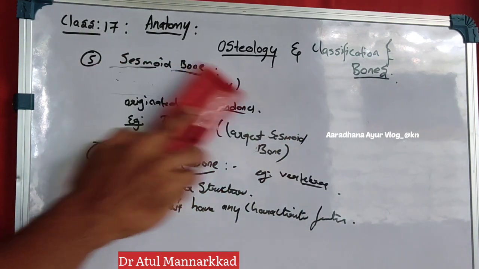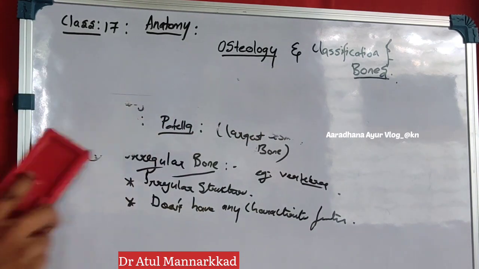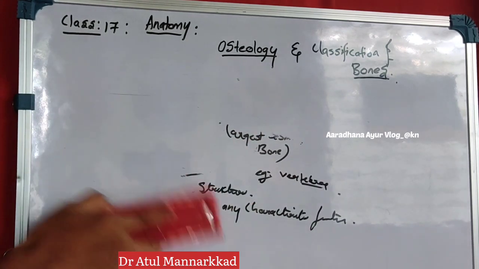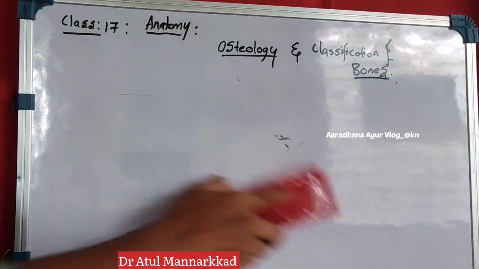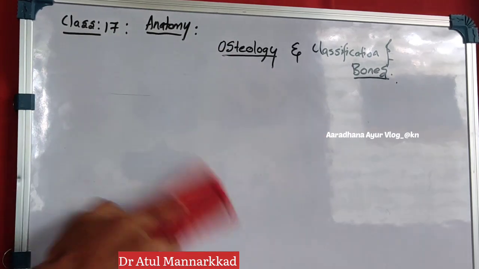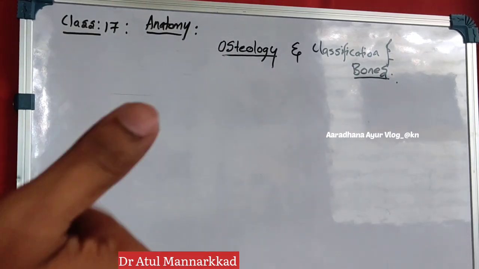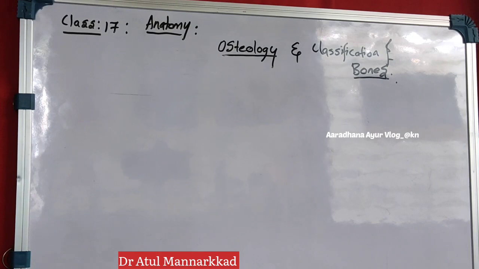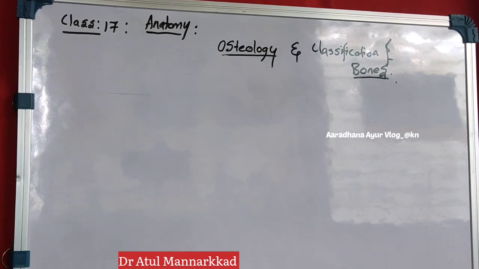So these were the classification of bones based on shape and size: long bone, short bone, flat bone, pneumatic bone, sesamoid bone, and irregular bone.